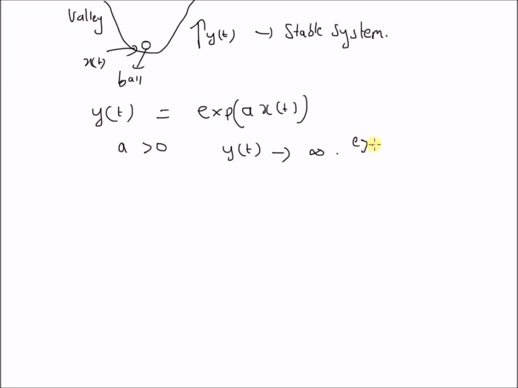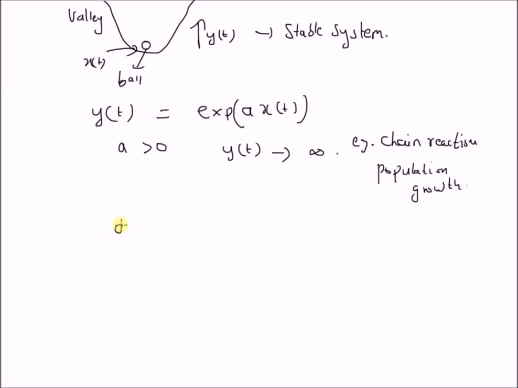For example, in chain reactions and in population growth. That is, when y of t is representing, for example, the amount of mass in a chain reaction or the total population in a population growth curve, then y of t can become very large with small changes in x of t.